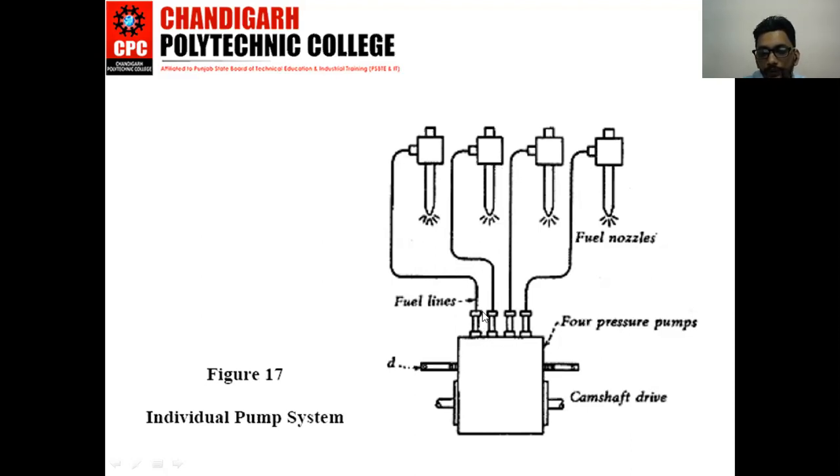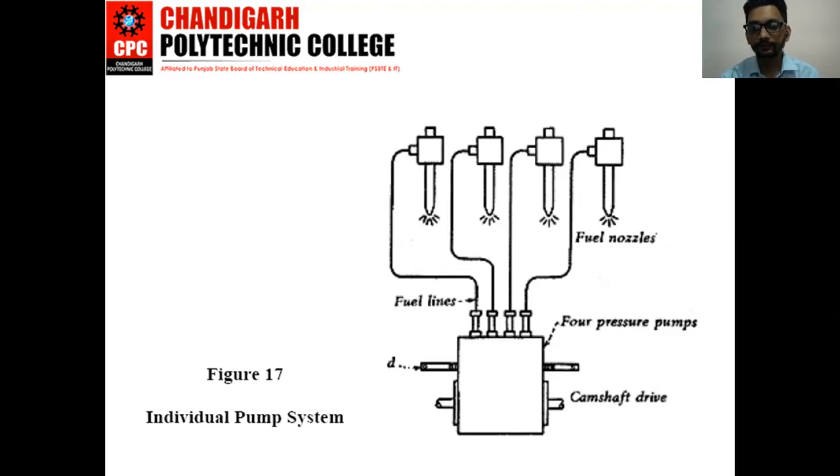When fuel is required, the fuel pressure pumps lift the fuel from the fuel tank and supply it to the individual pump injectors. So this is the basic simple principle of the individual pump system and the common rail fuel supply system.